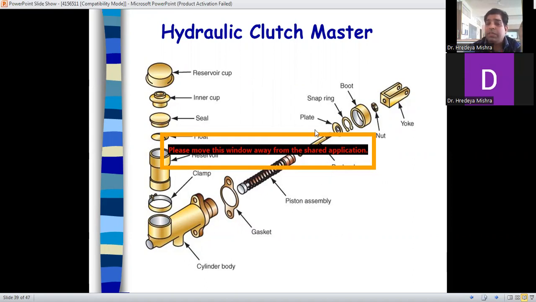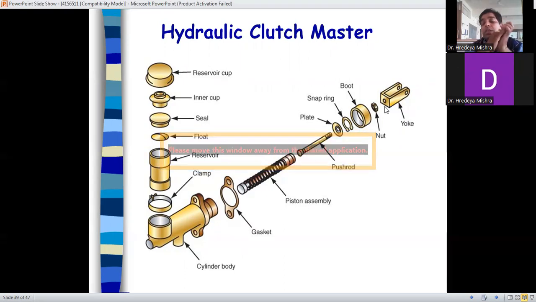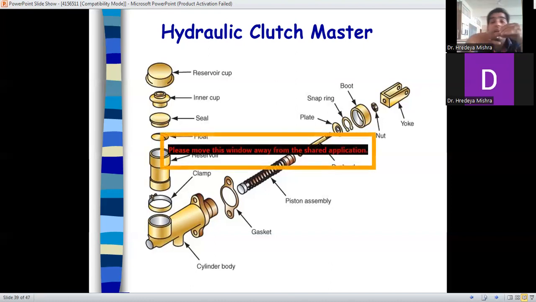Okay, piston assembly is there, plate, spring ring, boot, and yoke. Okay, all assembled together as a hydraulic clutch master. Means we can release or disengage or engage the clutch from the engine by the hydraulic pressure.